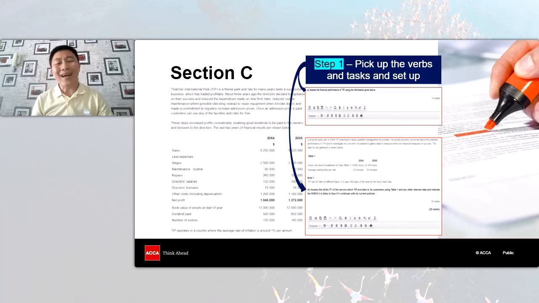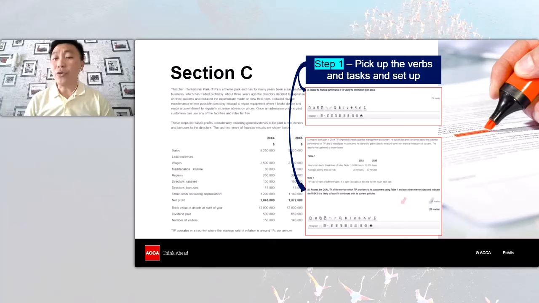But guys, can you please keep an eye on part B, the bottom part of it? Now, if I were to ask you the same question, what is the verb? It is still assess. But assess what? This time, you are asked to assess the quality of the services that TIP provides. Now, other than picking up the verb and the task, I would like to draw your attention to part B of the requirement.